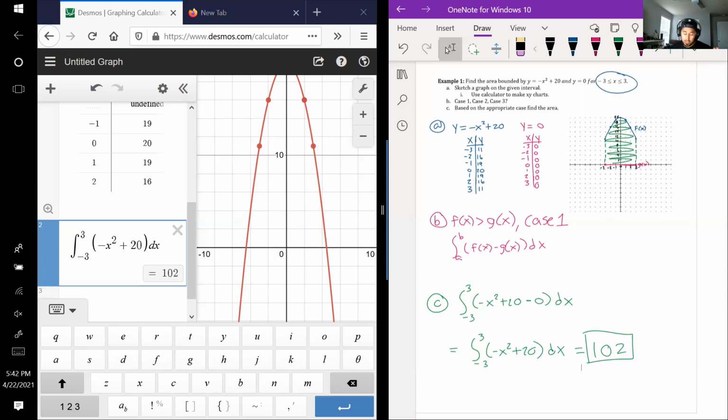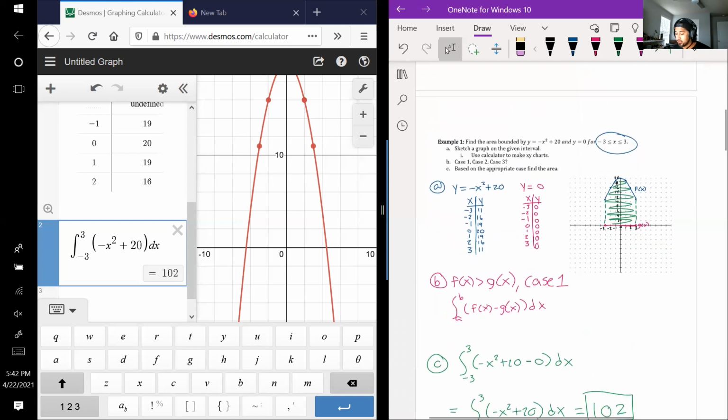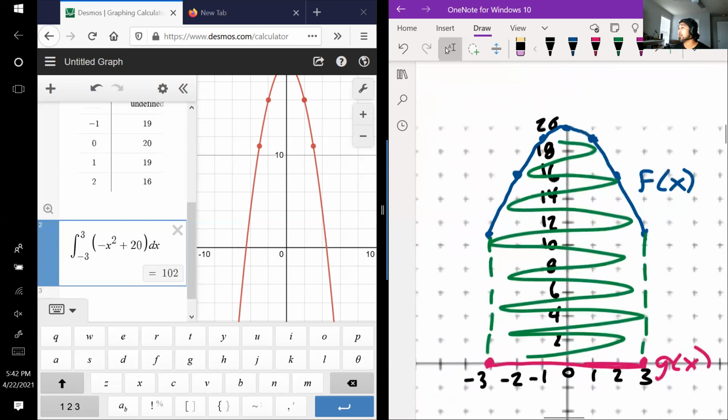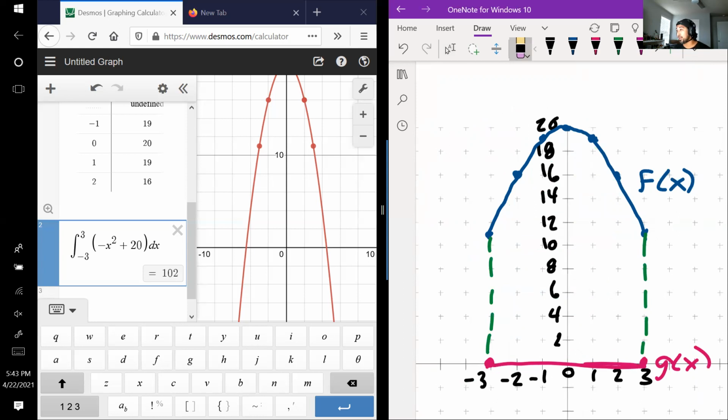So again, if you want to go more in depth to this, which we don't have to, but just understand what's going on. When you're finding the area underneath or in between two curves, you're actually finding the sum of the area of a finite amount of rectangles.